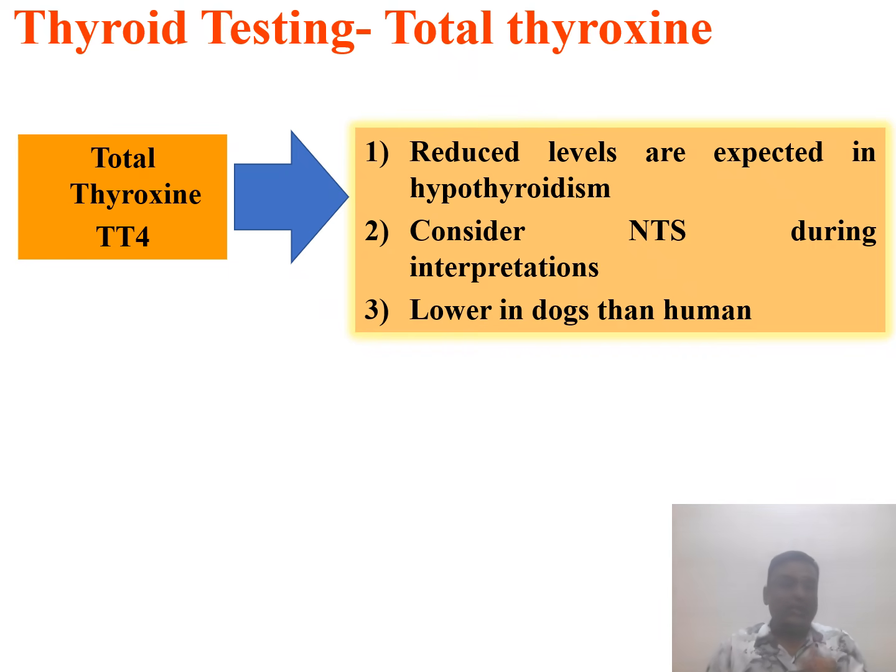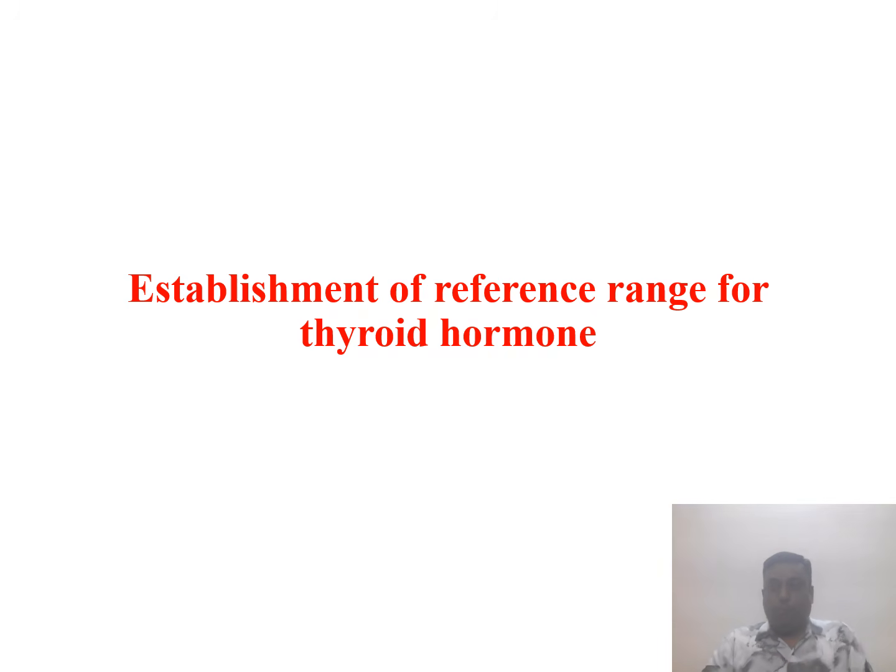So why am I telling all this? Because this background is important, so that we get an idea of how to read the report and how to give the interpretation. Before interpreting, we must understand the reference range for thyroid hormone in dogs.